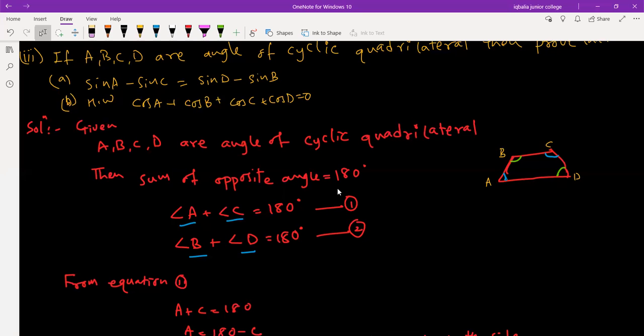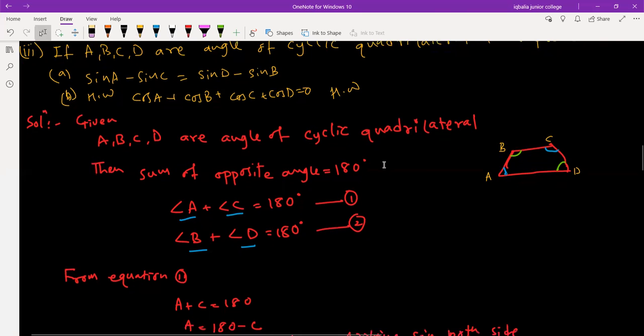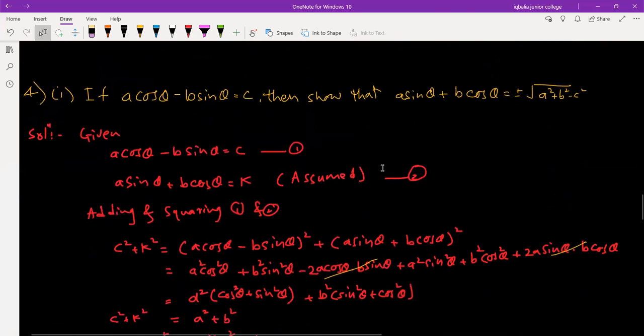You have to apply the same thing that I have applied here. You have to write each and every step that I have written here. Okay, so this is homework. This question, cos A plus cos B plus cos C plus cos D is equal to 0.